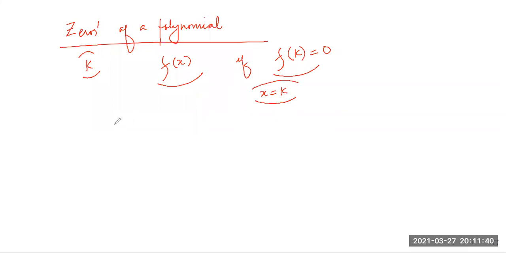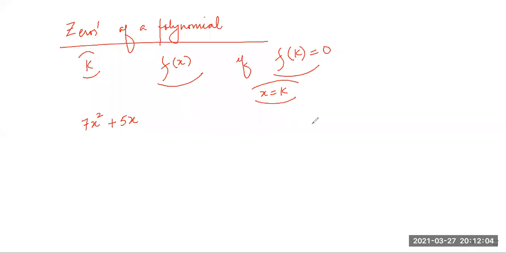A good example for this is, let's take a quadratic polynomial 7x squared plus 5x plus 1, right? Okay, let's simply take 7x squared plus 5x.